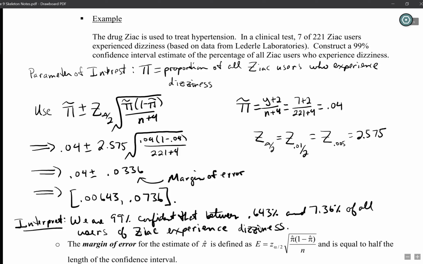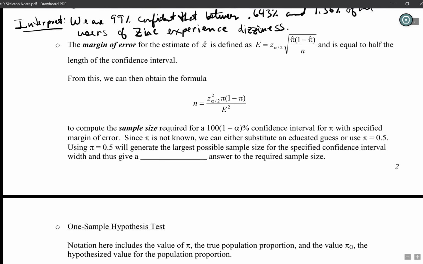So those are plausible values for pi. Anything outside that range we would see as not reasonable. Now that's not to say it couldn't happen, but we're 99% confident that it's between these two numbers. All right, so highly confident there. A little bit more about this margin of error.